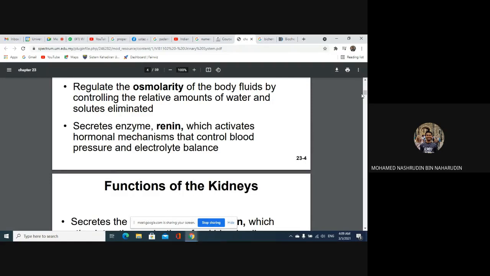Okay, so the kidney also secretes an enzyme, which is renin, which activates a hormonal mechanism that controls blood pressure, and also controls the electrolyte balance. So renin is responsible for all the factors I've mentioned here.